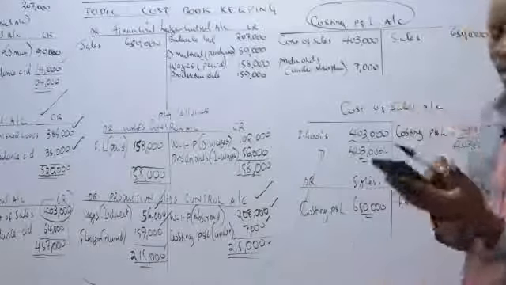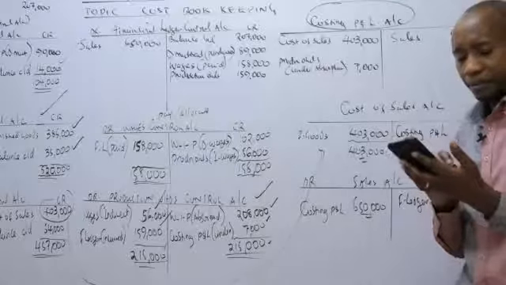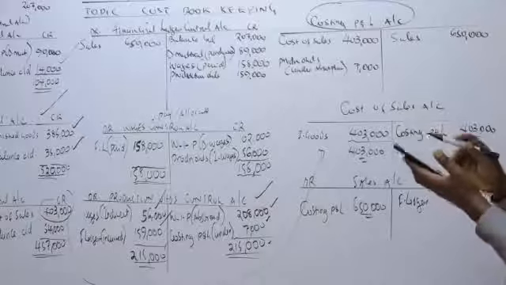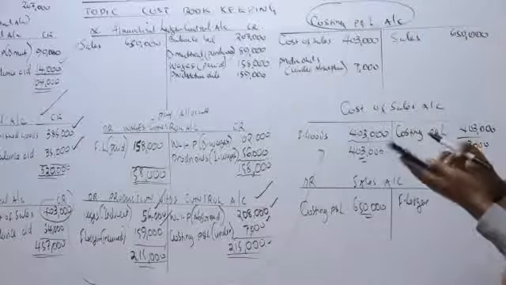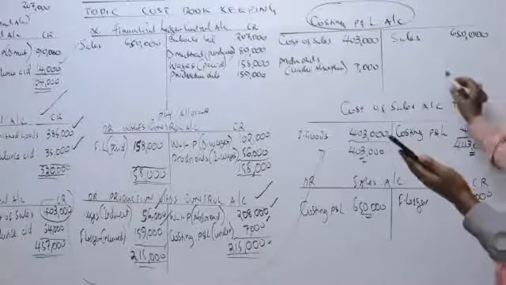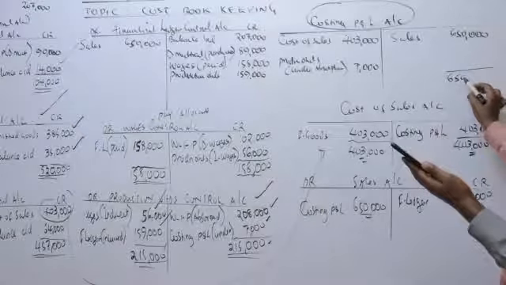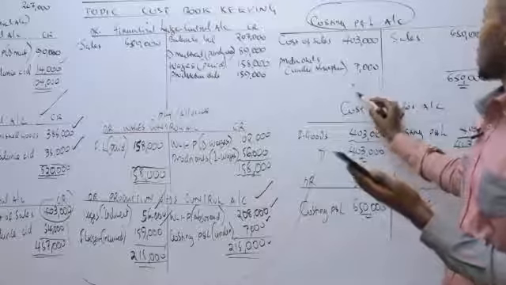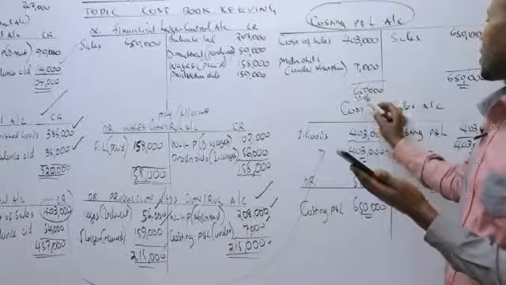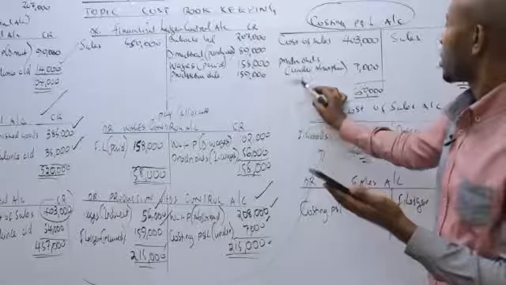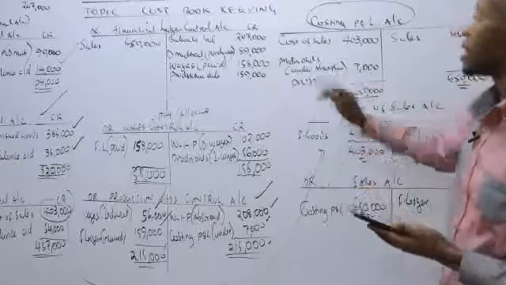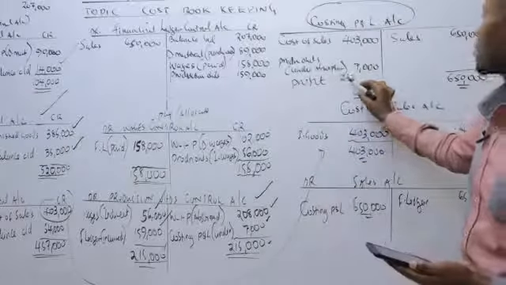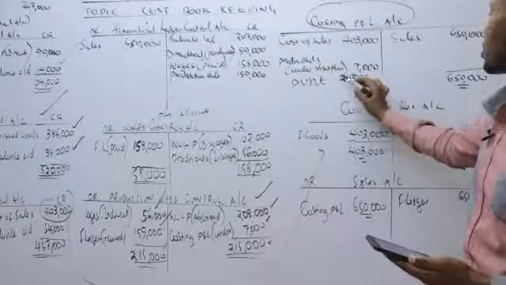Give me the balancing figure in that account. This should be 650. So I should have 650 here. So this should be profit since the credit side is bigger than the debit side. And the profit is 240,000.